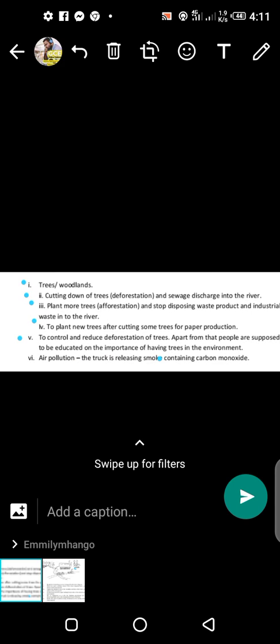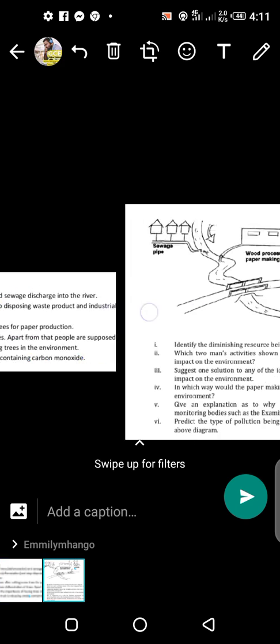Air pollution. The truck is releasing smoke causing carbon monoxide. So this is how you solve this question. And I hope you have understood and you have learned something.